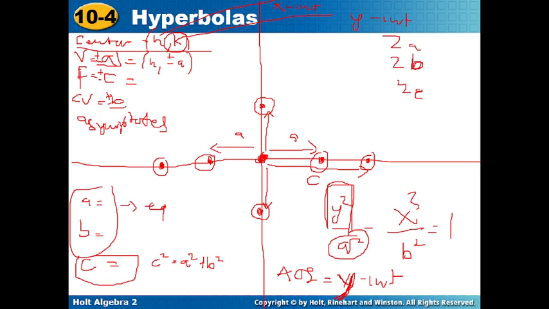Wherever the vertices lie, that would be the same intercept where the focus or foci should lie also. So if your vertices lie at the y-intercept, you're going to add and subtract c at your y-intercept as well.